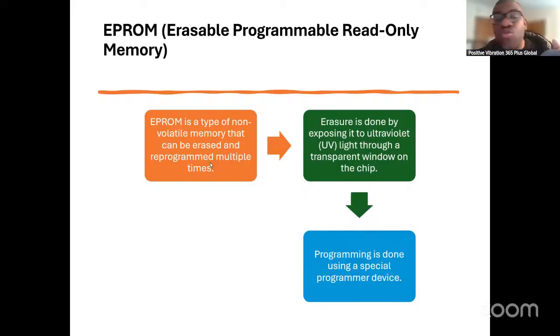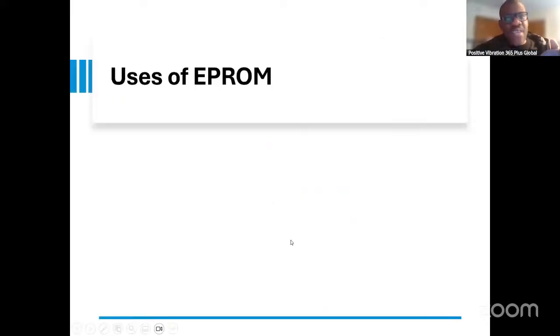Again, non-volatile means that it retains the data for the long term. It can be erased and reprogrammed multiple times. I love this. So the major difference with EEPROM is that it can be erased and programmed multiple times. All right, that is the main difference.